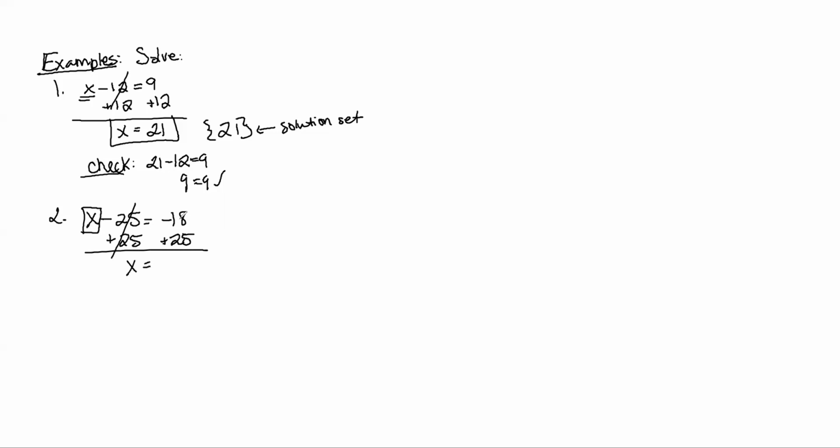The right side, negative 18 plus 25, they're opposite, so we subtract and we get 7, and it is positive. So x equals 7. And I'm going to go ahead and just write the answer like this, because this is perfectly acceptable. Just know that you could also write it as 7 in curly brackets.